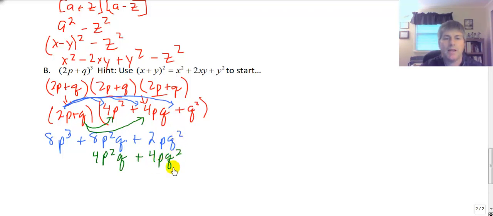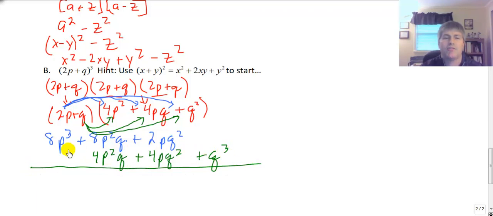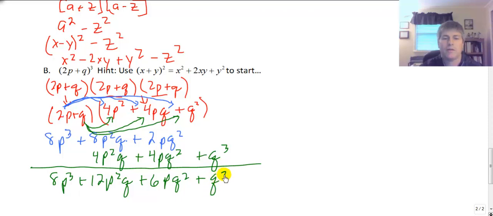And again, I'm going to line that up because those are like terms. And then finally, q times q squared is q cubed. So I've lined up my terms vertically, so my like terms are all matched up. My final answer, 8p cubed plus 12p squared q plus 6pq squared plus q cubed.